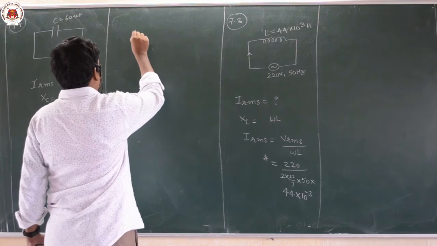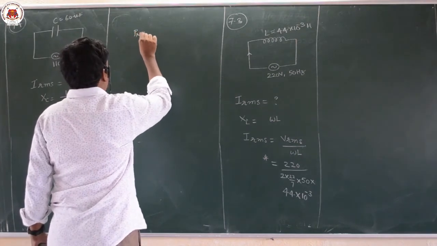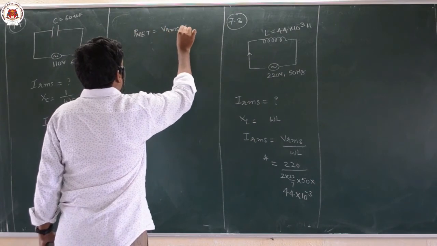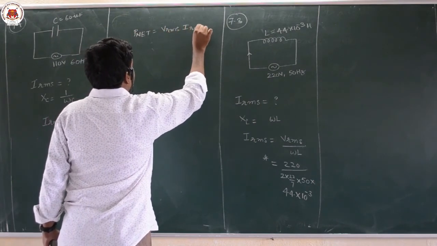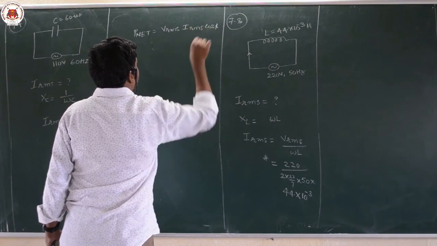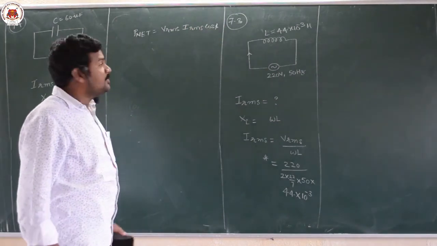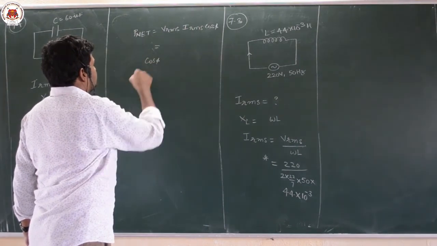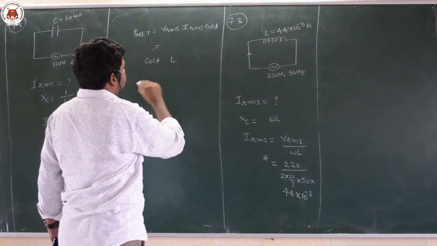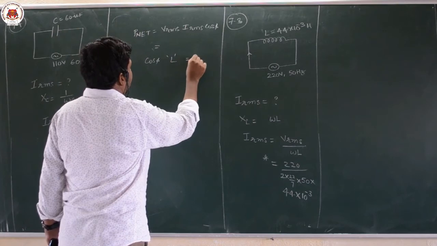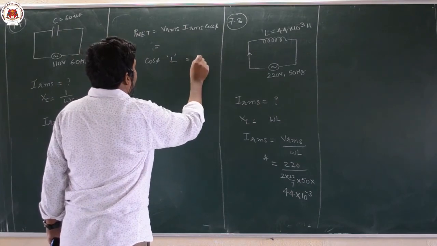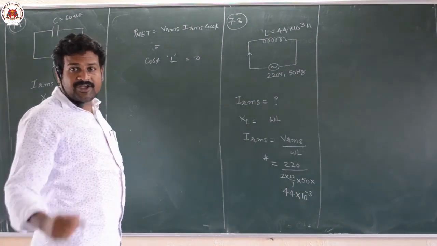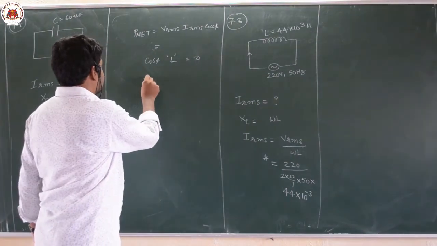Net power is equal to VRMS IRMS cos phi.